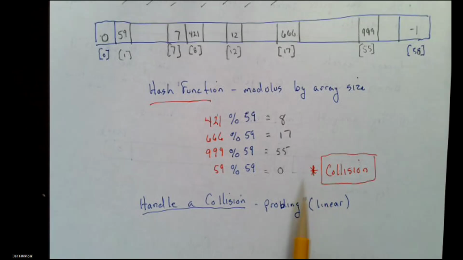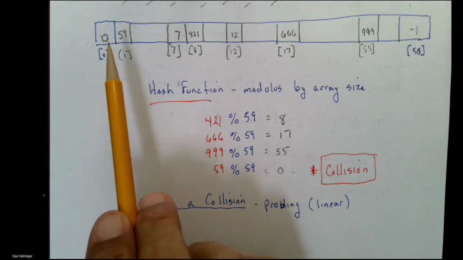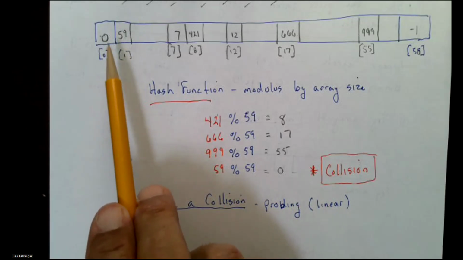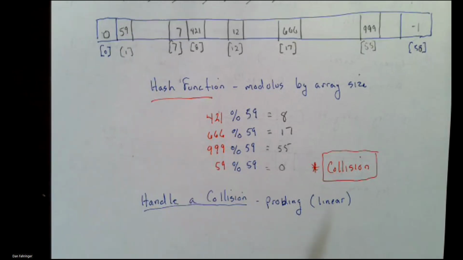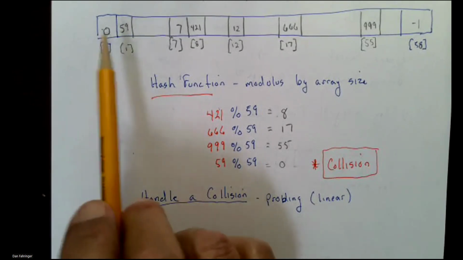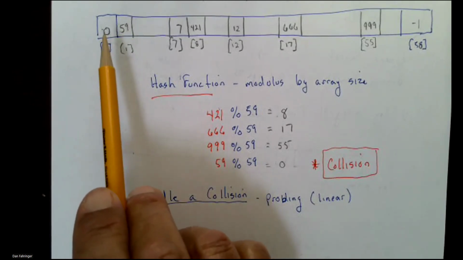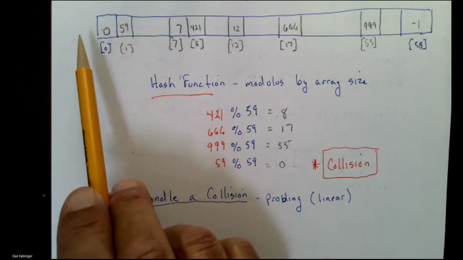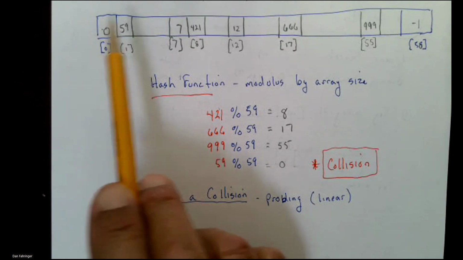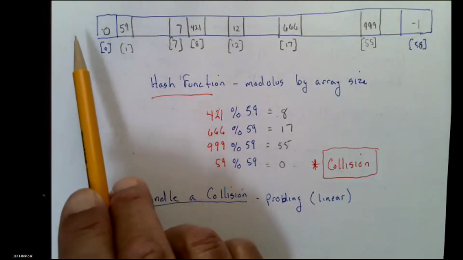Of probing, we like linear, and we're just going to do sequential. We're going to start and go to the right one, to the right one, to the right one. Other types of probing, I could go 1 to the right, then maybe 1 to the left. That's full. 2 to the right, 2 to the left.